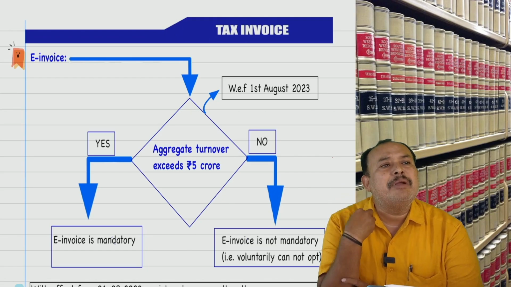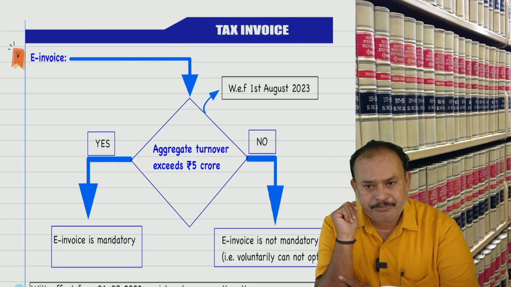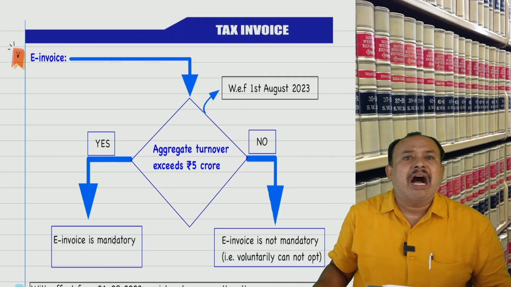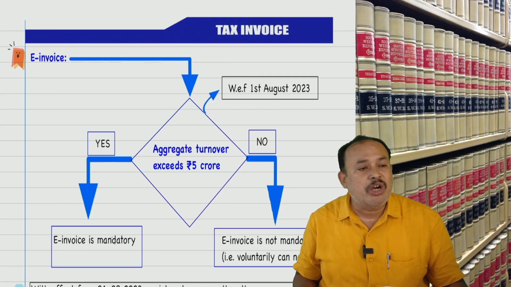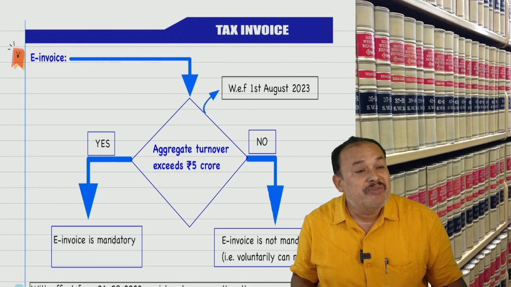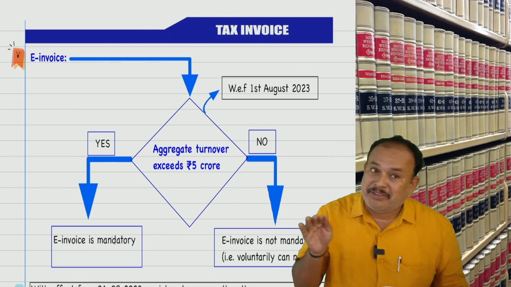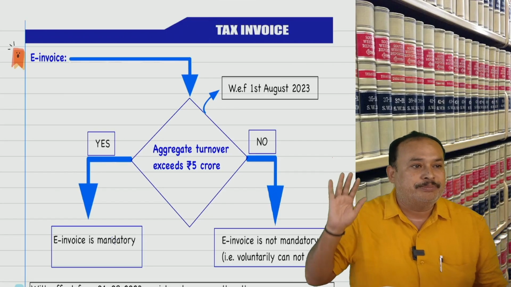Now, for Ram Limited, is e-invoice mandatory or not? Mandatory? Yes, there you are correct. Reason? Aggregate turnover 3 crores plus 4 crores is equal to 7 crores, which exceeds 5 crores. Therefore, e-invoice is mandatory for the Ram Limited Andhra Pradesh unit, and for the Ram Limited Tamil Nadu unit also. Is that clear?